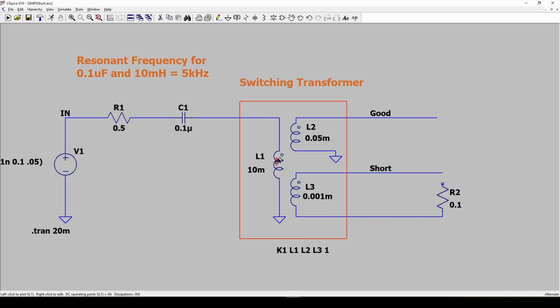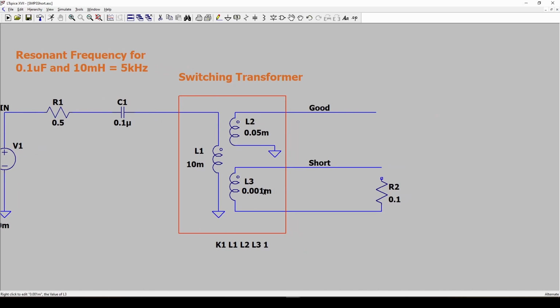Now, what I've shown here is the primary winding of the switching transformer and two secondary windings. One is a normal winding and one is the shorted turn that we're going to be simulating. And you can see here I've got a 10 millihenry inductance on the primary, 0.05 millihenries on the secondary of this winding.